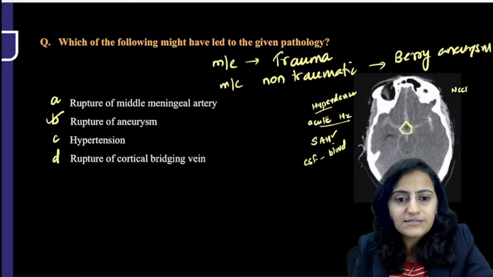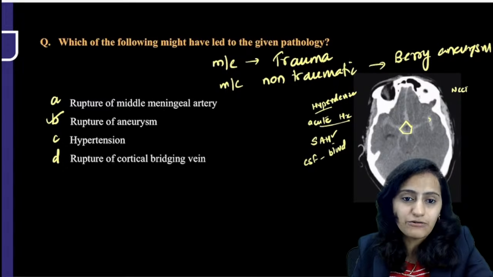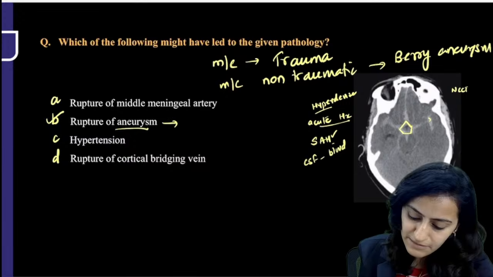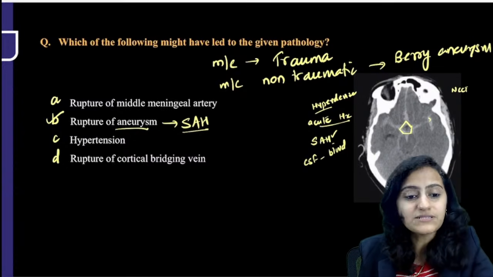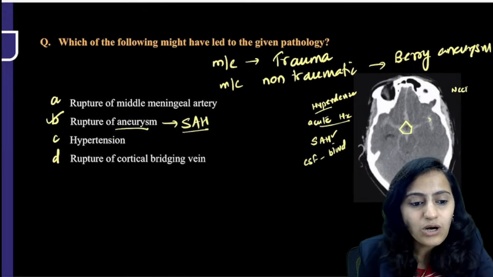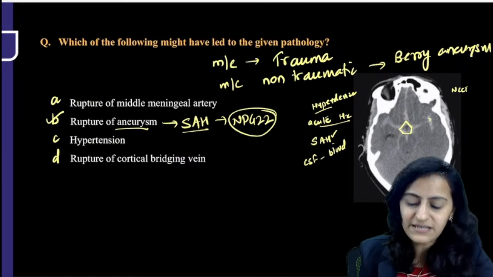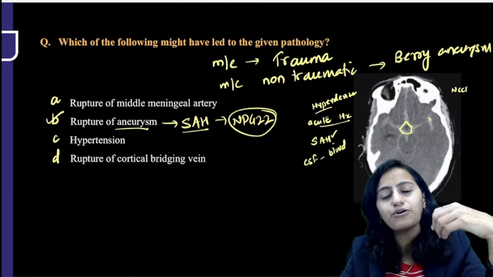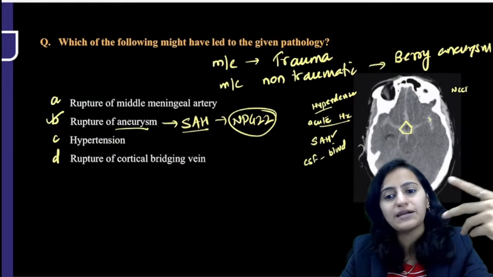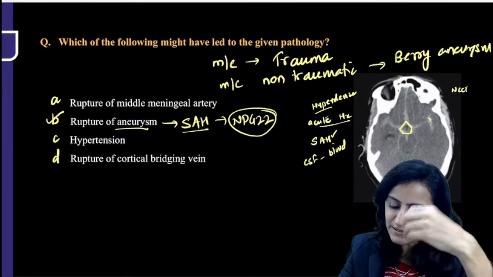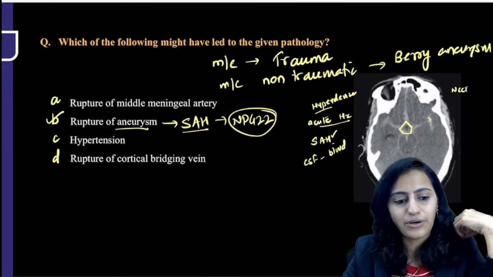Berry aneurysms are basically in the circle of Willis. That is why the answer here is rupture of aneurysm leading to subarachnoid hemorrhage. This was asked in NEET PG 22 as well. A direct question was: rupture of berry aneurysm leads to which kind of hemorrhage? The same concept, and the answer is subarachnoid hemorrhage.